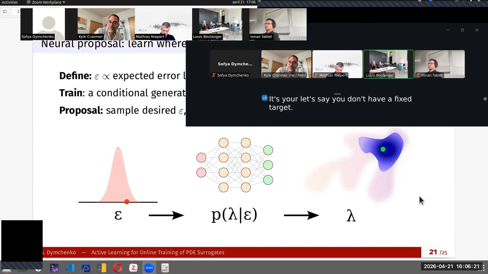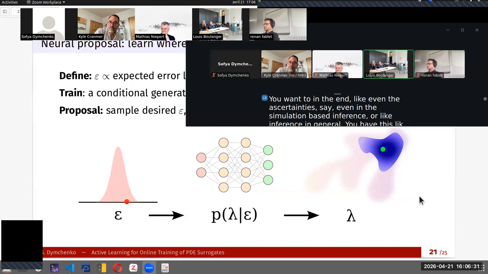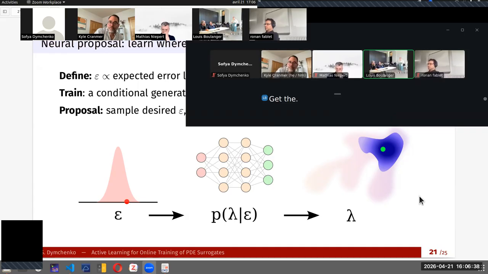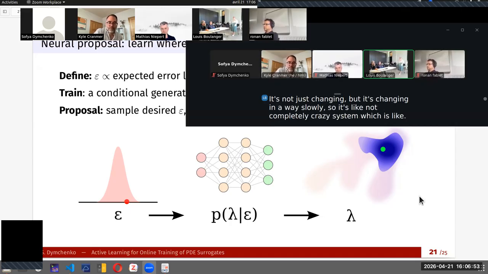Even in simulation-based inference, or inference in general, you have this system that is just there and fixed, and then I'm trying to solve the inverse. But here I'm inverting something that is constantly changing. And it's not just changing, but changing slowly. So it's not a completely crazy system, which is like, now I'm this, now I'm that. No, in the end, the weights are moving more or less.